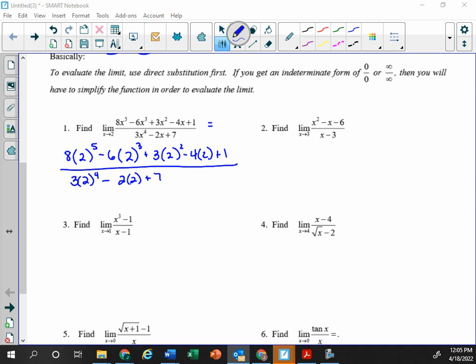Talk to each other? Did you get the same thing? Your denominator's 51. You're on the right track, but you can simplify more. You guys know the shortcut for checking if it's divisible by 3, right?